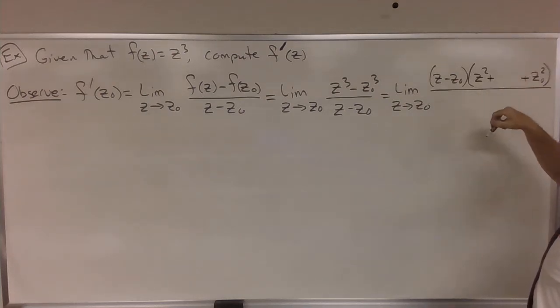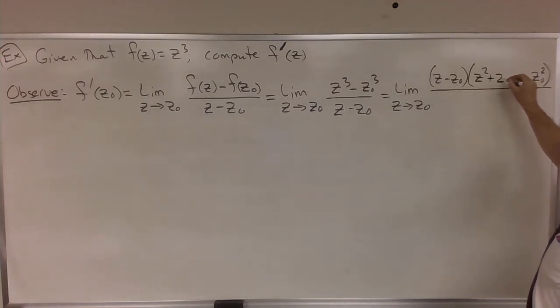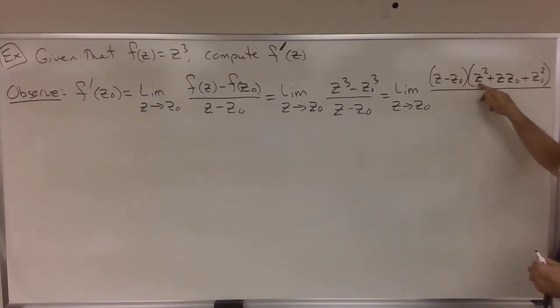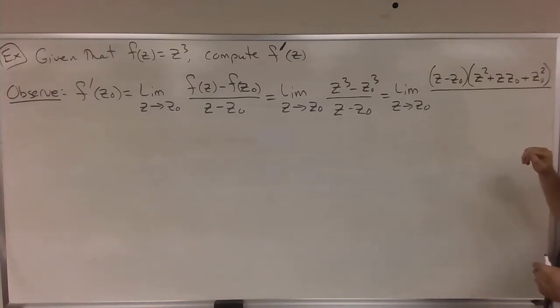Apparently the middle term is the product of both of these. Z naught. Let's see if that works. I have negative z naught times z squared, but I don't have that here. So somehow I've got to get rid of that. Let's see. Z times z naught times z is positive z naught times z squared. Okay, that looks like it's going to work.